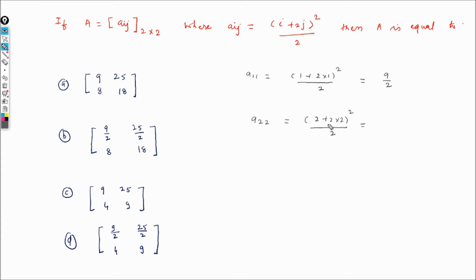So this is 2 plus 4, 6 square means 36 upon 2, it is 18. So let us check the diagonal elements here, 9 upon 2 and 18. So B will be our answer.